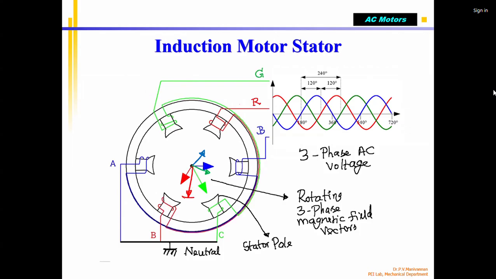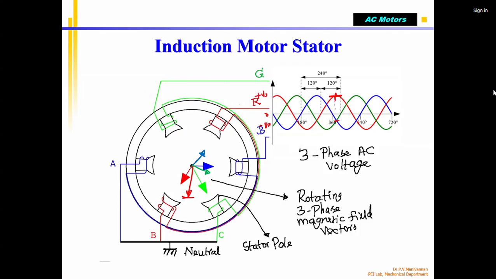You can see that the red phase voltage is peaking. For example, take this instant. At this instant, red phase has the maximum voltage. If we bring it down, you can see that blue and green have negative voltage. This is 0 volts, this is negative, this is positive.